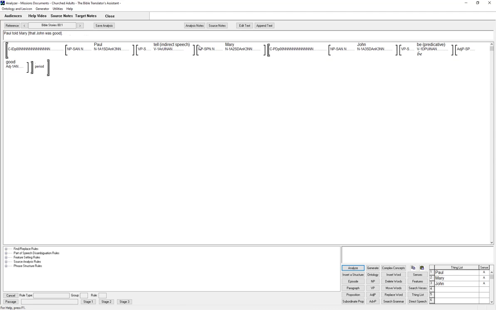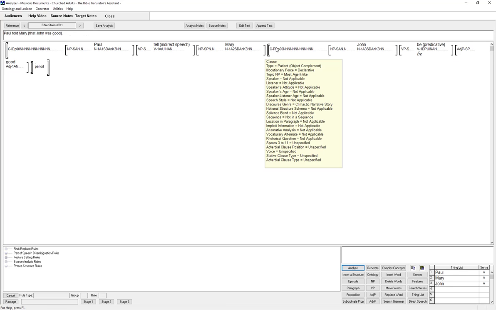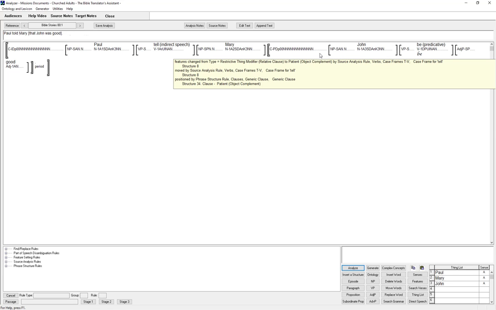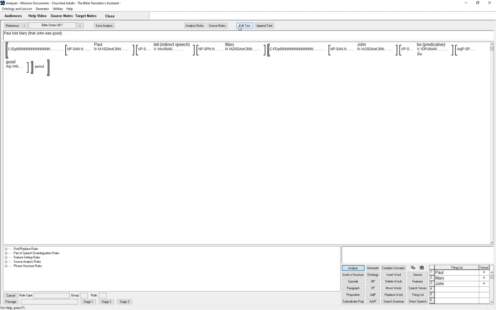Okay, told Mary, patient proposition. It worked okay in this case. It interpreted that as a demonstrative. Do we need that?